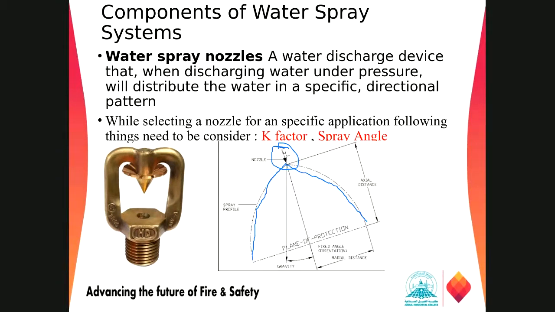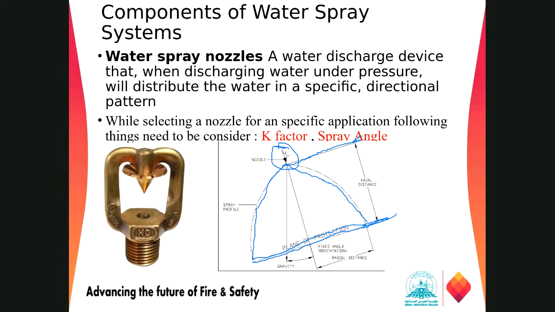And this is the distance from the deflector all the way to the surface of the metal. This is the axial distance from the deflector to the surface of the metal. We call it the axial distance. So this is the maximum distance from the nozzle to the protected surface. Okay.